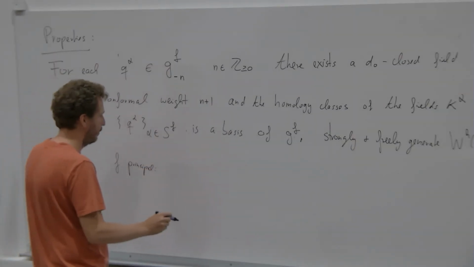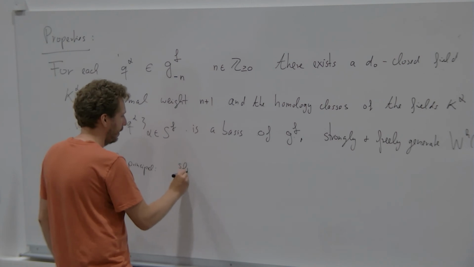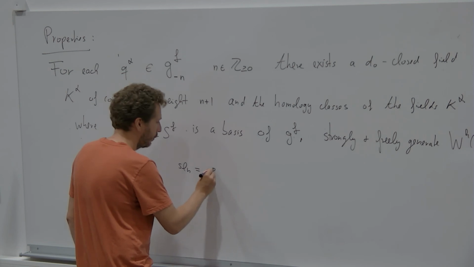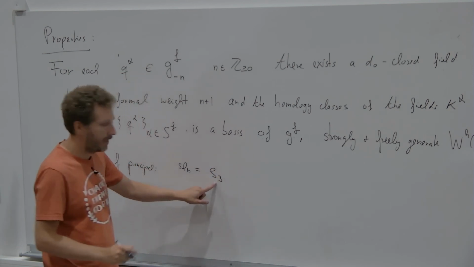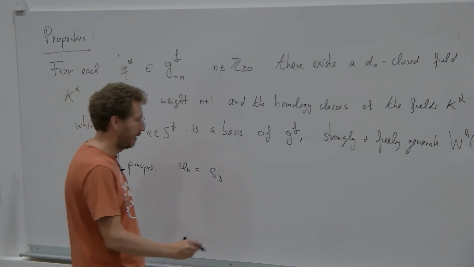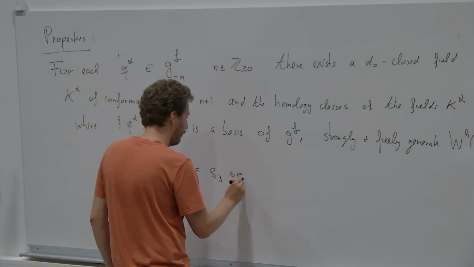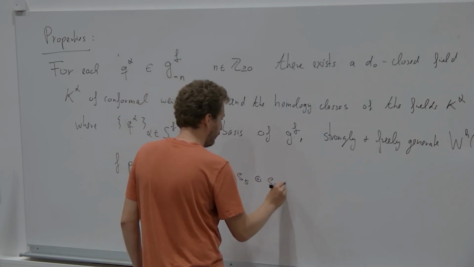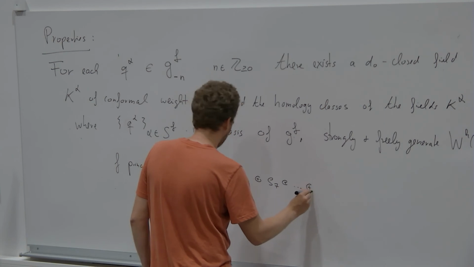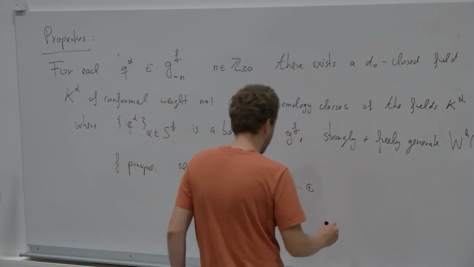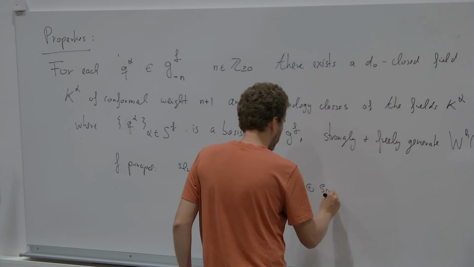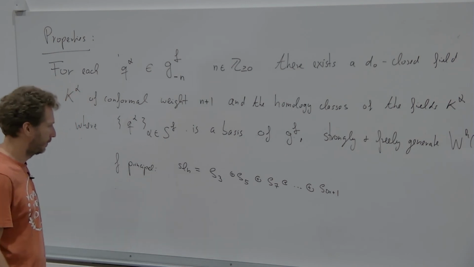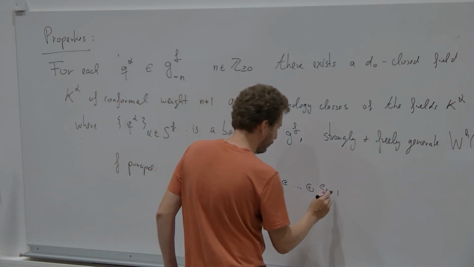For F principal, and we take SLN, it turns out SLN decomposes into, let me call it rho 3, so I denote the representations by their dimension, plus the 5-dimensional, plus the 7-dimensional, and so on, and then we end up with the 2n minus 1 dimensional representation.